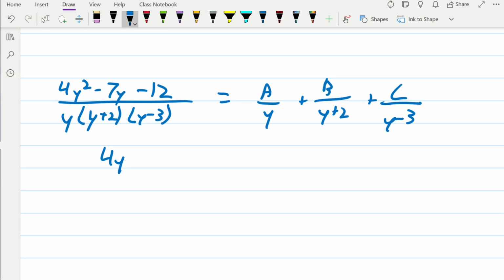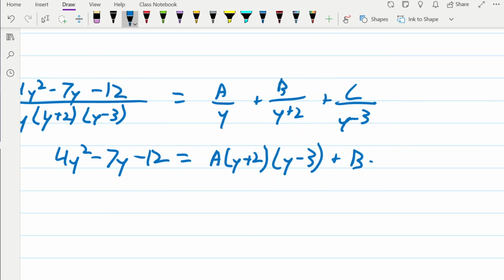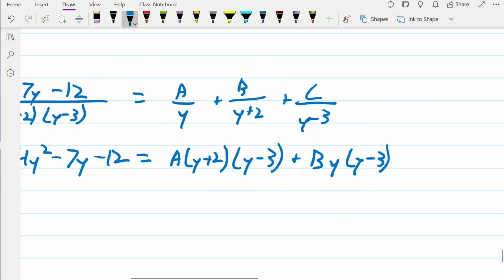So we're going to have 4y squared minus 7y minus 12 equal to A times y plus 2 times y minus 3 plus B of y times y minus 3 plus C of y minus 3 times y.